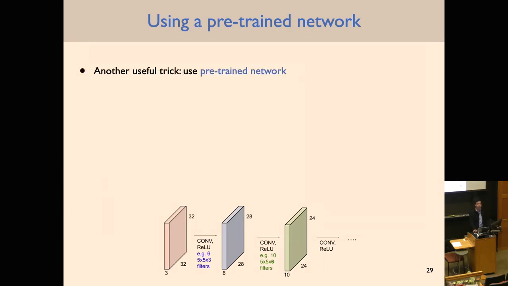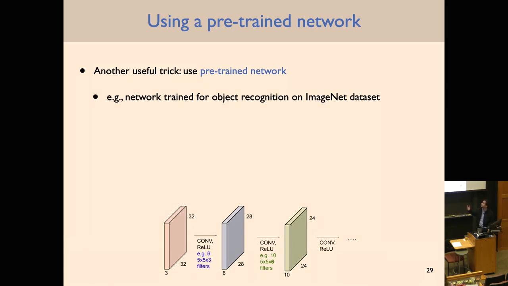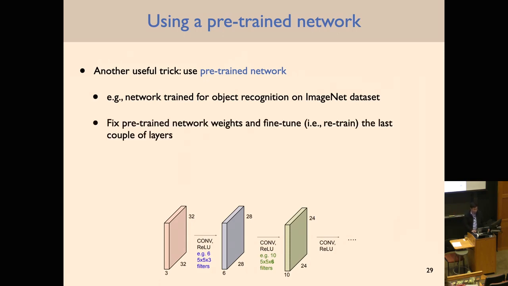Okay, the other thing that you might want to consider is to use pre-trained networks. We did this for the most recent lab, with the object detection. So if you're looking at computer vision tasks, you could take a neural network that's been trained, let's say, on the ImageNet dataset to do image classification. And then maybe you are interested in a different task, maybe you don't care about image classification, maybe you care about something else.